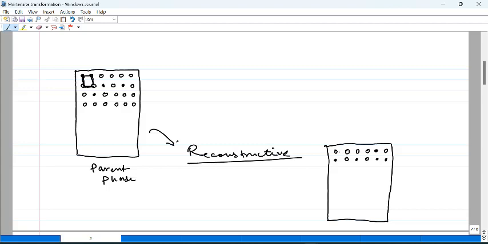So here we are talking about a pattern like this, which is different from the parent metal.